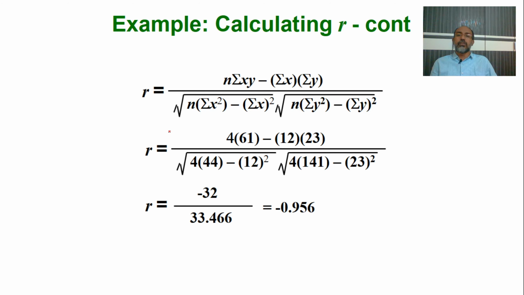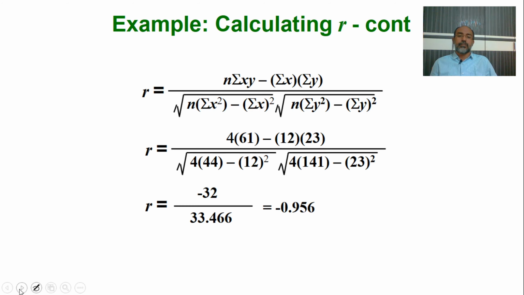So this is the formula. For that, what important items do we require? Sigma xy is required, xy is required, x square is required, x is required, and similarly y square is required.